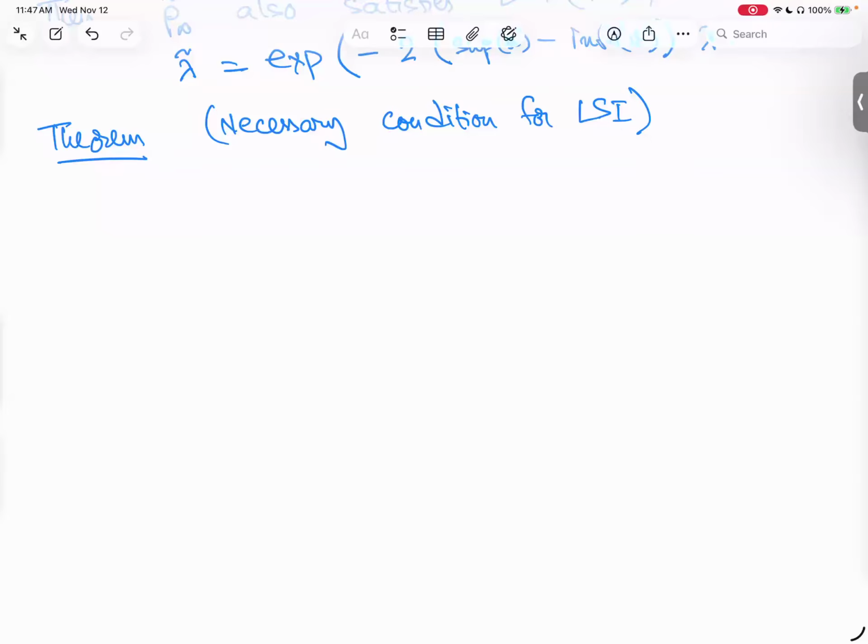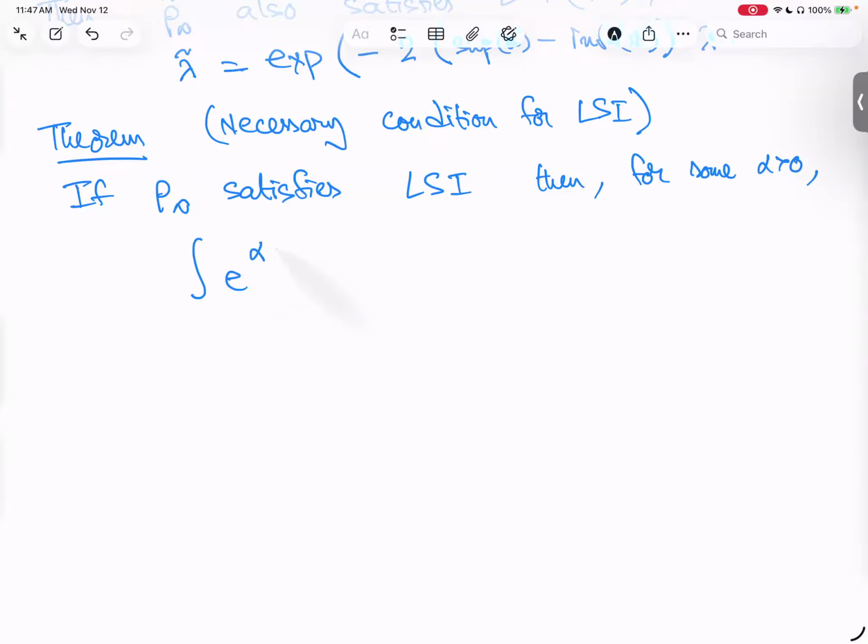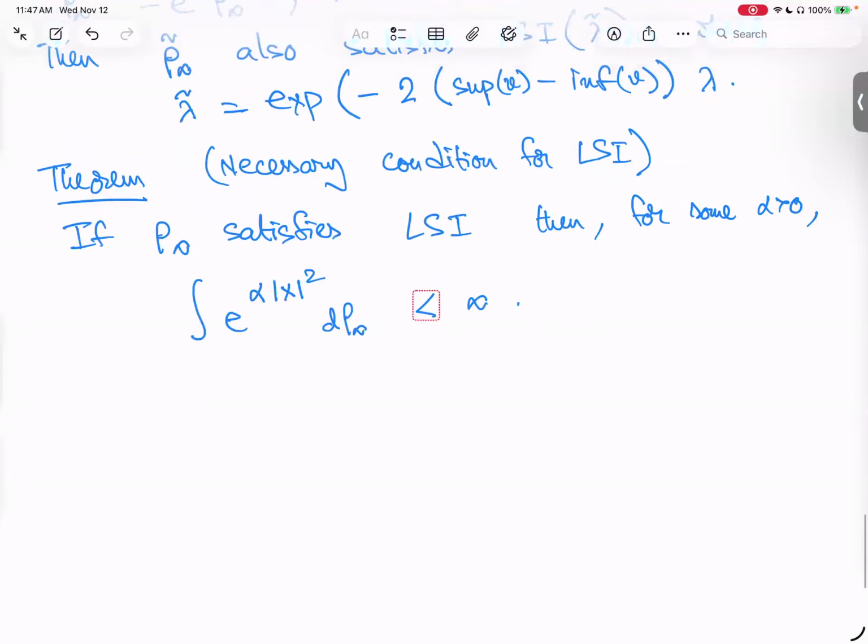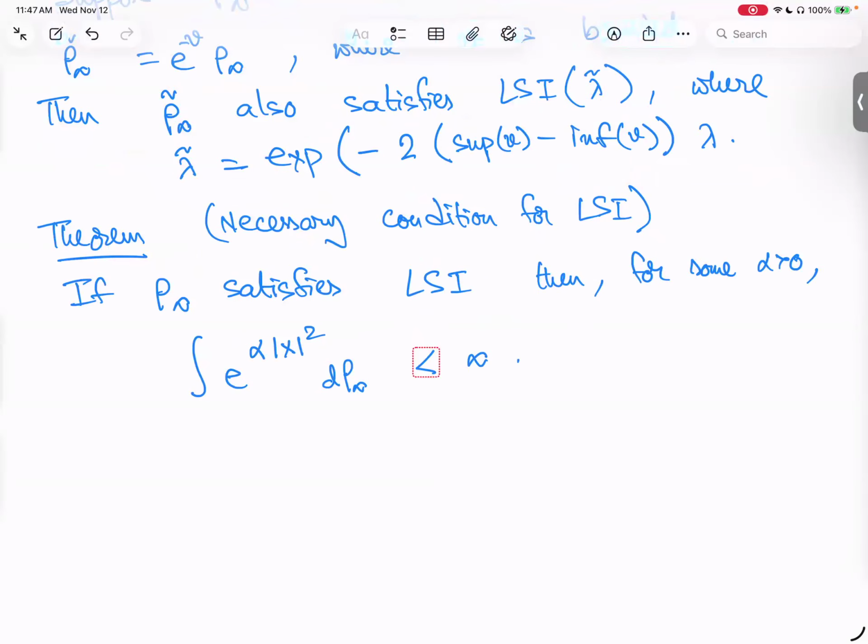And the theorem says the following, that if rho infinity satisfies logarithmic Sobolev inequality, then for some alpha positive, we must have that the integral of e to the power alpha norm x squared d rho infinity must be finite. Okay. So if rho infinity satisfies logarithmic Sobolev inequality, it must have at least a sub-Gaussian tail.